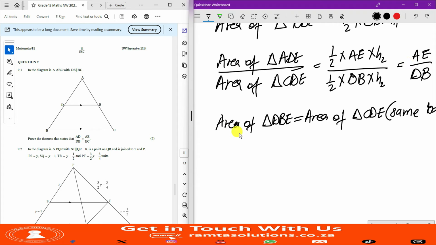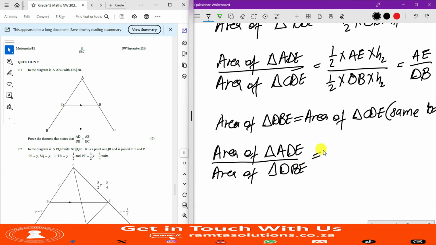Therefore, area of triangle ADE over area of triangle DBE is equal to area of triangle ADE over area of triangle CDE.